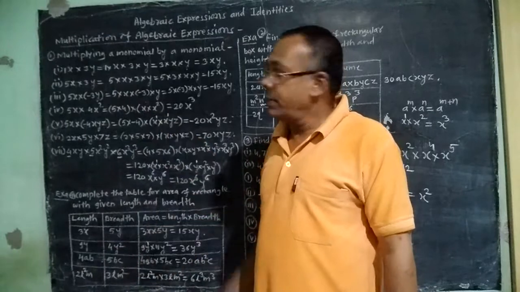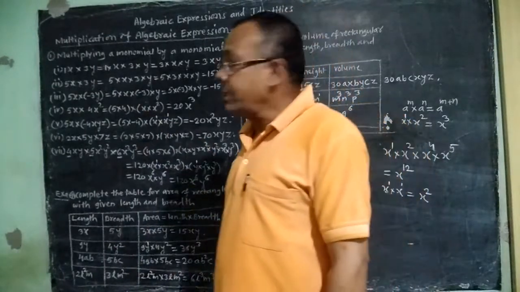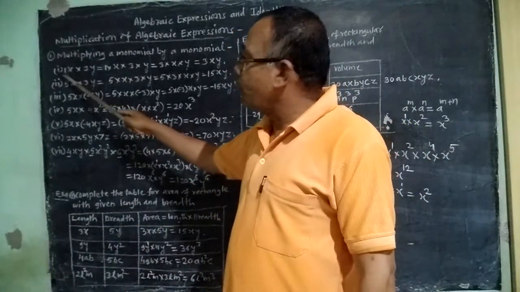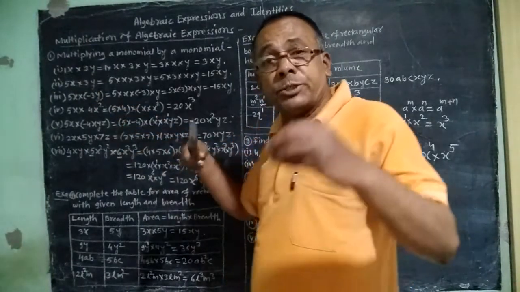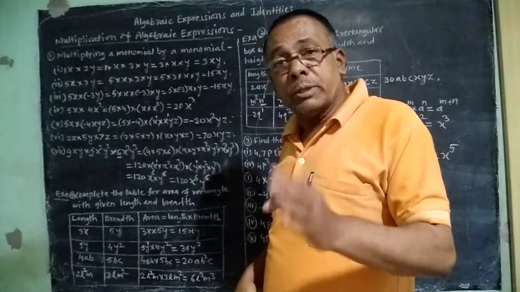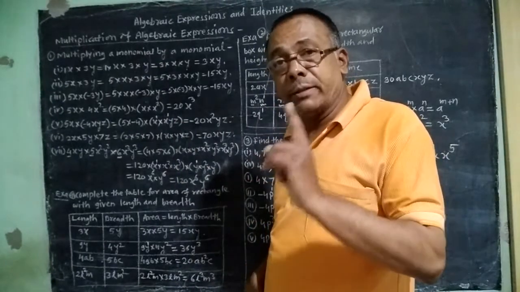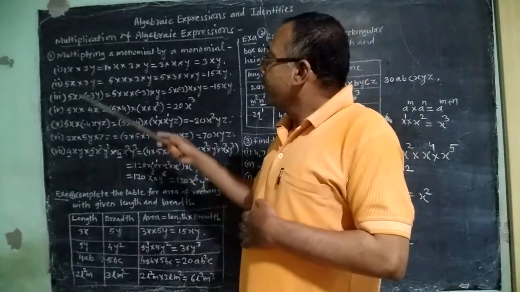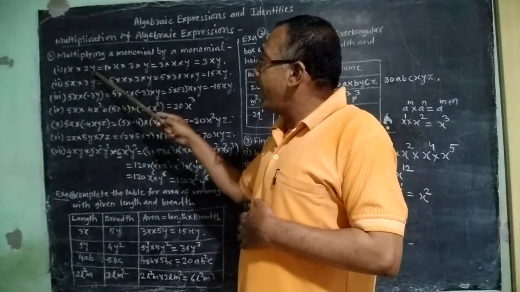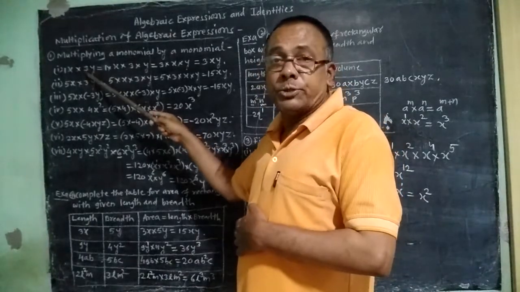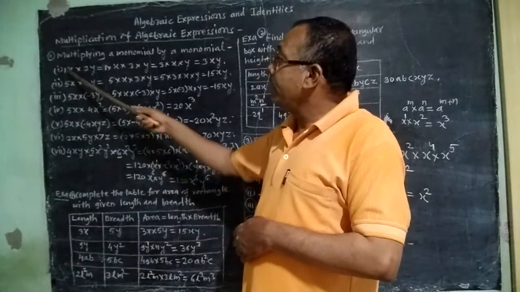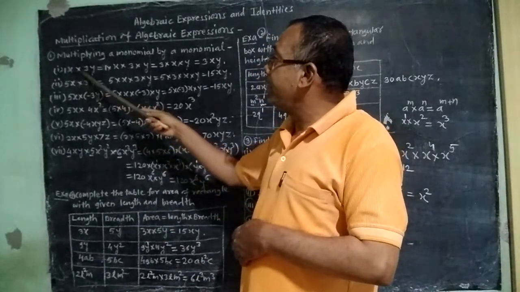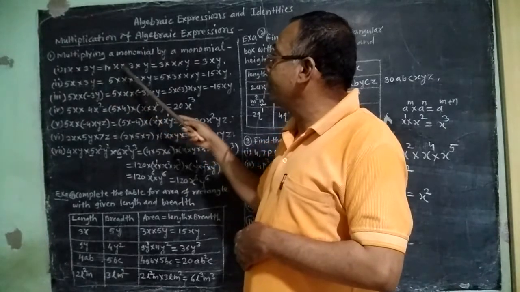x into 3y. Here it is seen that for x the coefficient is not given, so its coefficient is 1. If the coefficient is not given, then we must assume that there is coefficient 1. And here in 3y, 3 is the coefficient of y. So here we can write 1 into x into 3 into y.